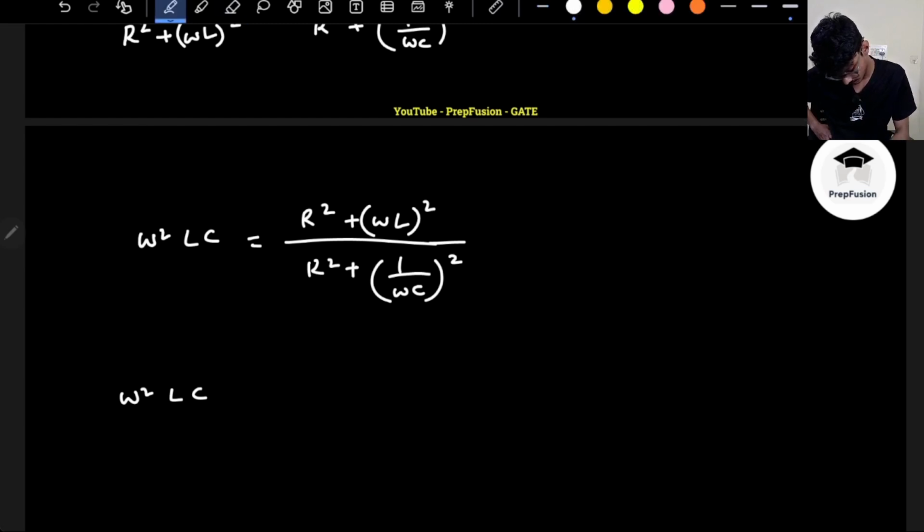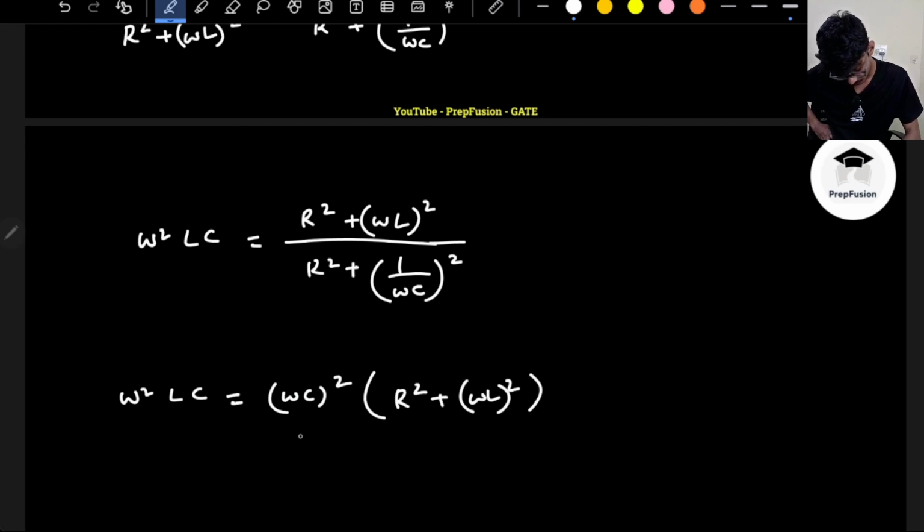Just hold on, I will rearrange this properly. If I multiply by omega C whole square on both sides, this is R square plus omega L whole square divided by R omega C whole square plus 1.